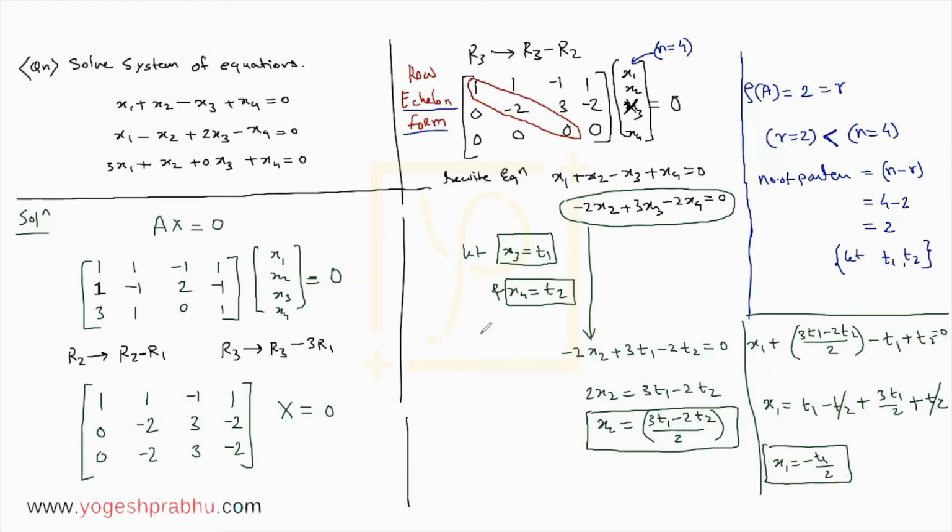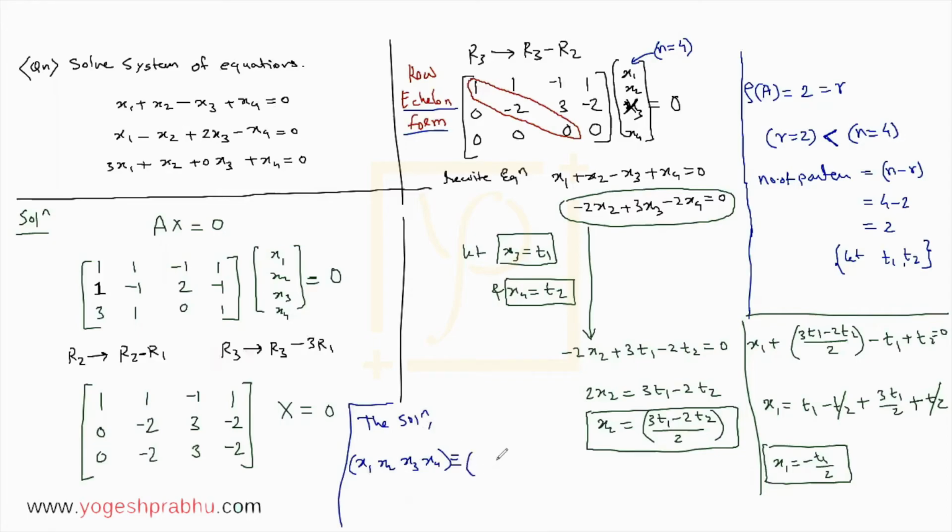So now from all these values, I can write down the final answer. The solution here is going to be the values of x1, x2, x3, and x4.